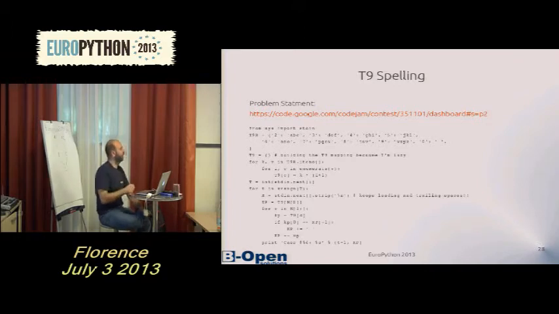Now, if you read the problem statement, it's basically that you will be given a string of text, and you have to convert it into T9. That is, you have to press numbers like in the old phones, so that, for example, 2 corresponds to A, 2 corresponds to B, and 2 corresponds to C, and so on.